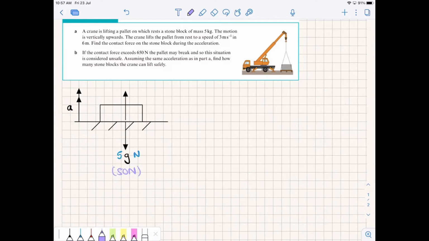And the force I'm trying to find is the contact force between the pallet and the stone block, right? So what force is the pallet exerting upwards onto the stone block? And I will call this force Q, right? I lie, I'll call this force R, because then we can call it a reaction force.